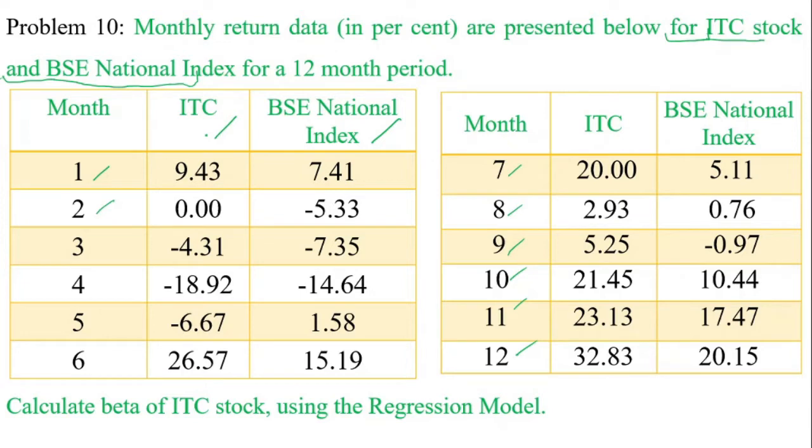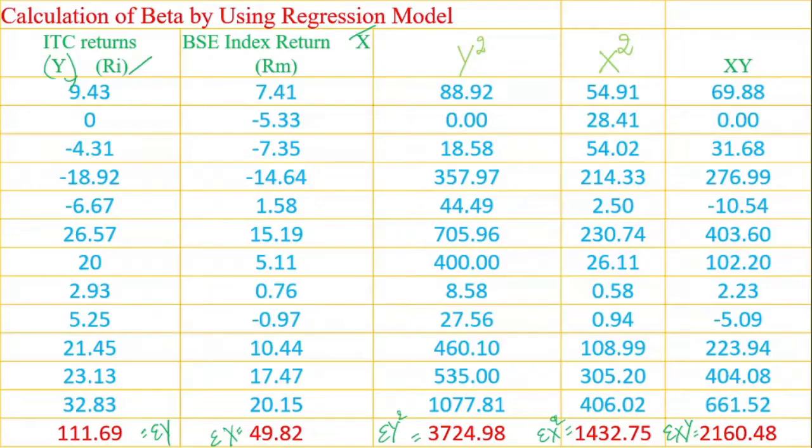As we very well know, beta is used for measuring systematic risk, that is, measuring the relative risk of a particular stock with respect to the market index. So, calculation of beta by using the regression model.